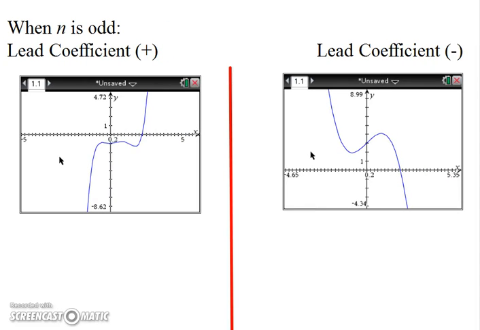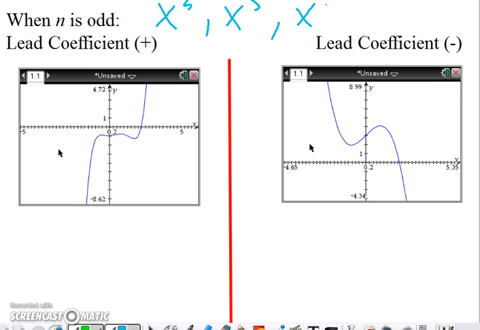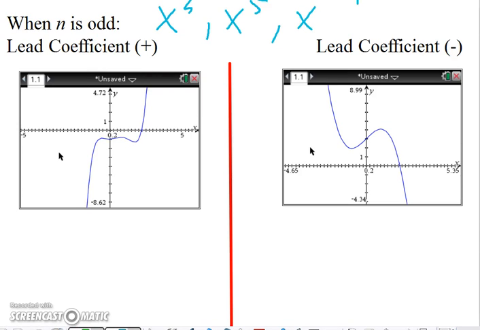So first of all, if n is odd, so again that means if you have x cubed, x to the fifth, x to the seventh, those are all my highest degree, and then the lead coefficient being something like 3x cubed might be what this graph looks like.